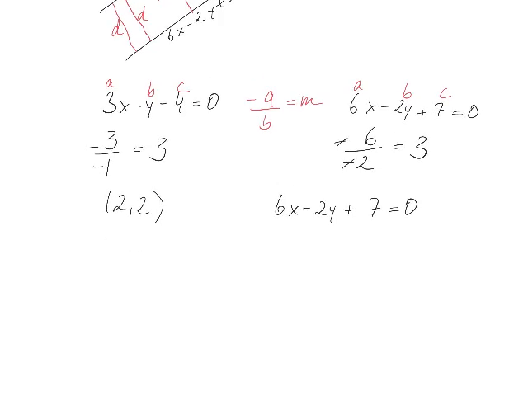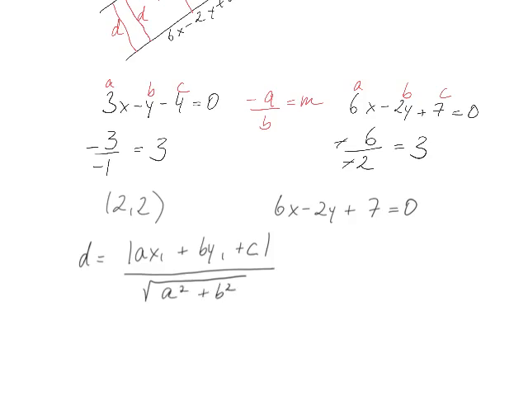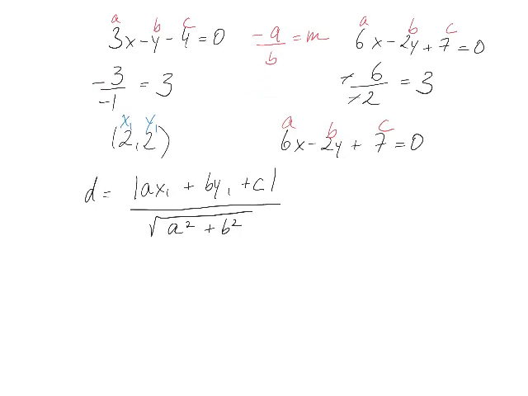So let's write down the formula again. D equals the modulus of ax1 plus by1 plus c over the root of a square plus b square. So let's label everything. So this is our A, B, and C, and this is our x1, y1, and then we just put it together.